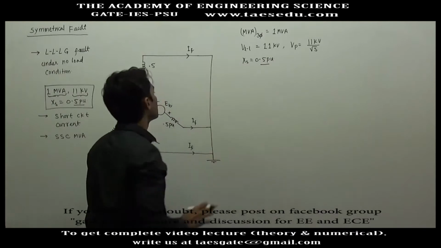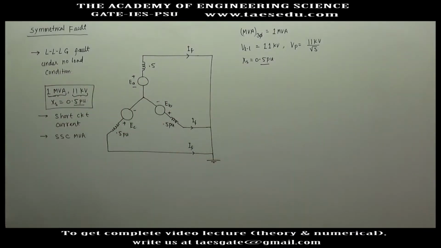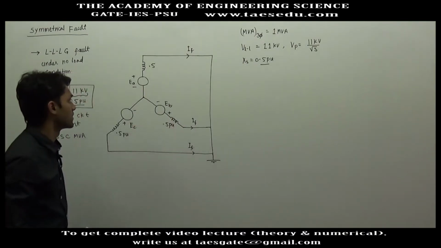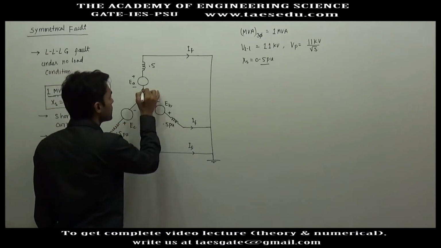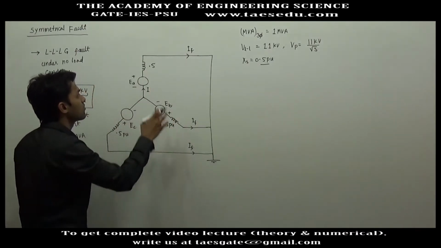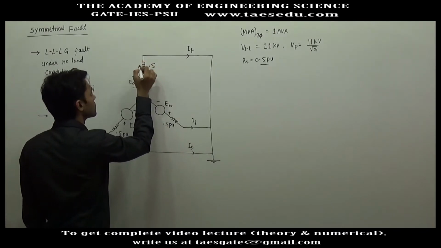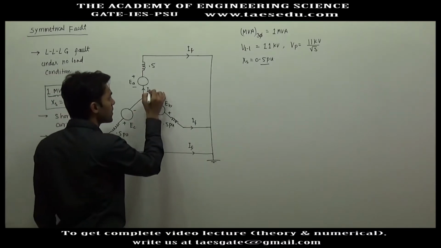So to calculate fault current, since the condition to all the phases is identical, we will say that a balanced current will flow. The generated voltage is balanced, balanced impedances are connected, although these are not external impedance, this is the synchronous reactance of the generator only, but the condition is balanced, so a balanced current will flow.